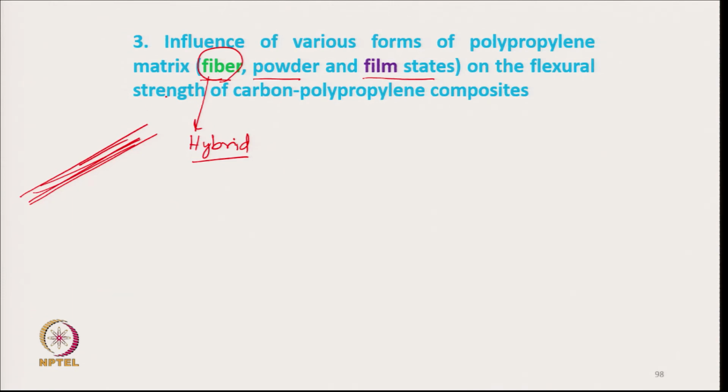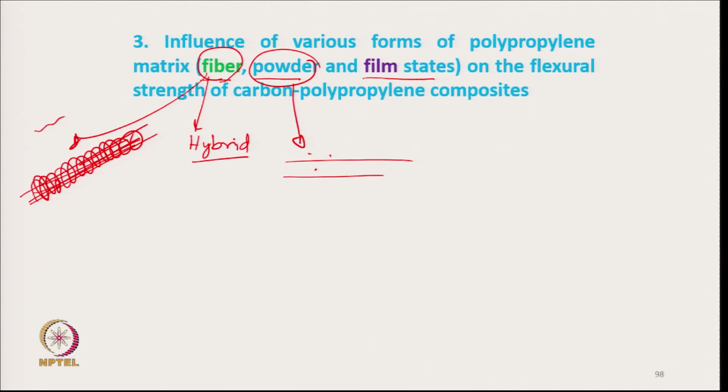For that we have used the DREF friction spinning, where polypropylene staple fibers were wrapped around the carbon filament. For powder, the powder coating system that we have explained is used, and for film stacking we will take the polypropylene film and the stacking will be done.